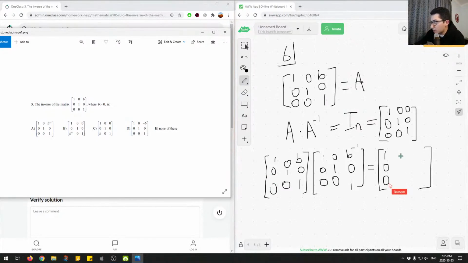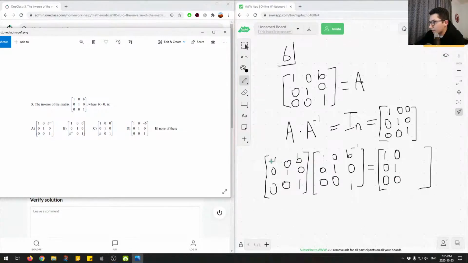And then we go to this term over here, which is this row times this column. So 1 times 0 is 0, 0 times 1 is 0, b times 0 is 0. So we know this is 0. And the next term, we'd use this row times this column, and we can see that it's 1. And then the following will be this row times this column, and we can see that it's 0. And then the last column is really what we care about.